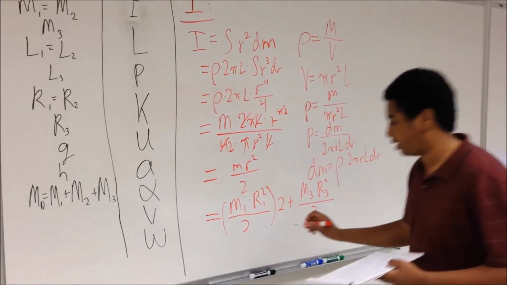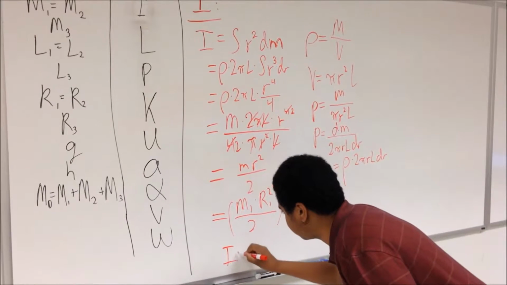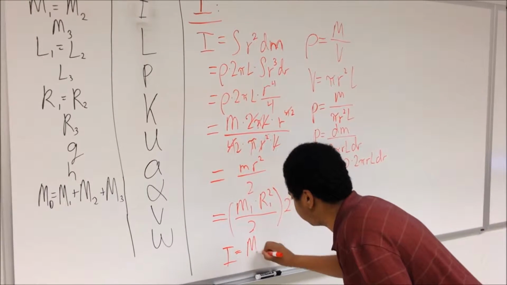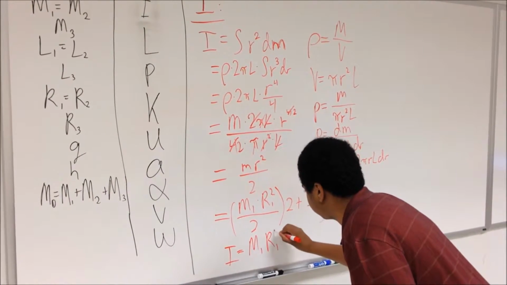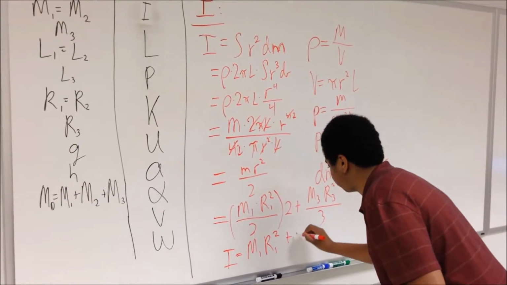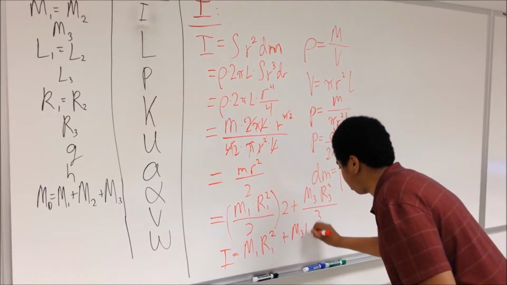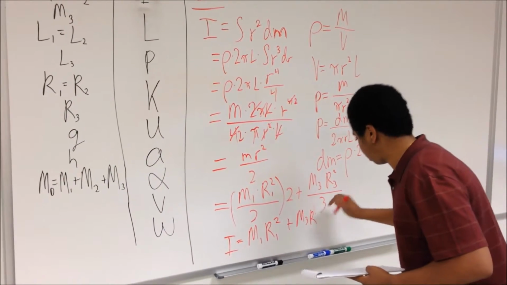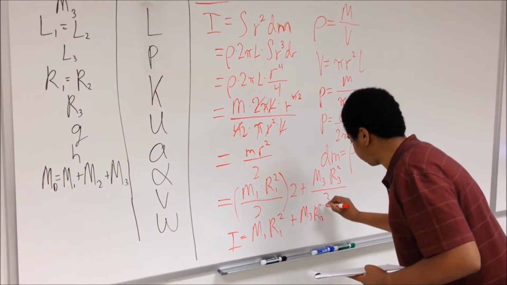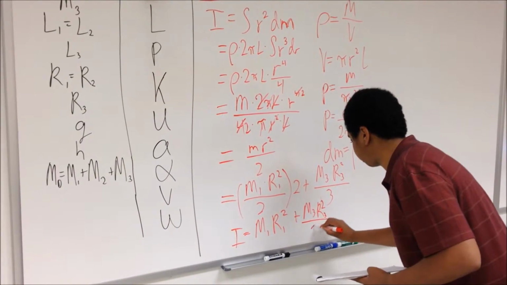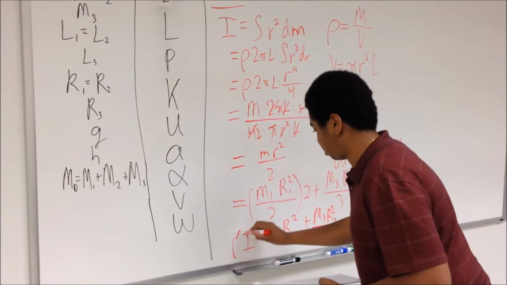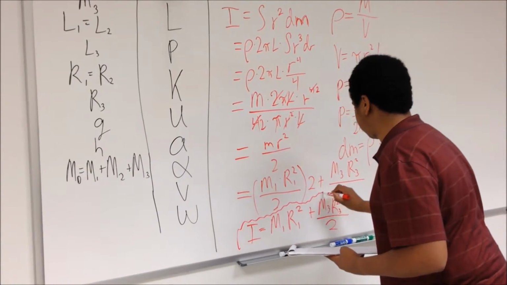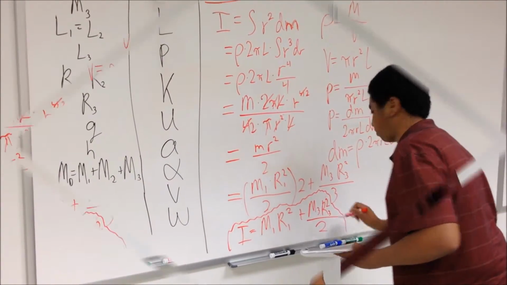So I, and I'll write it down here again, I equals M1 R1 squared plus M3, and I just wrote that, R3 squared all over 2. And that's how you find the moment of inertia of a yo-yo.